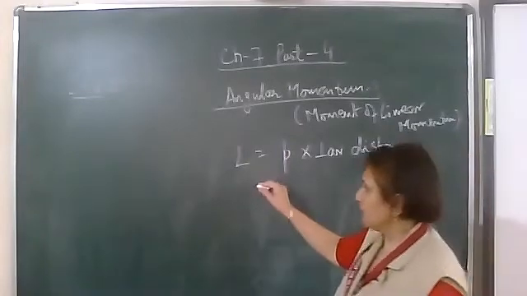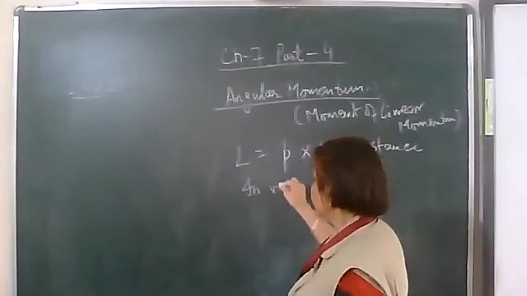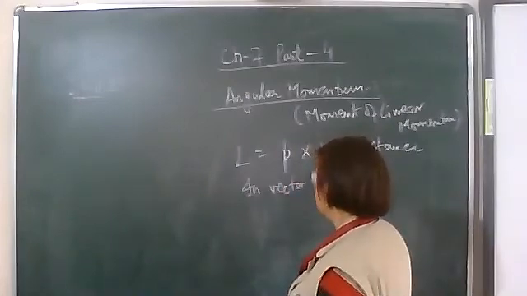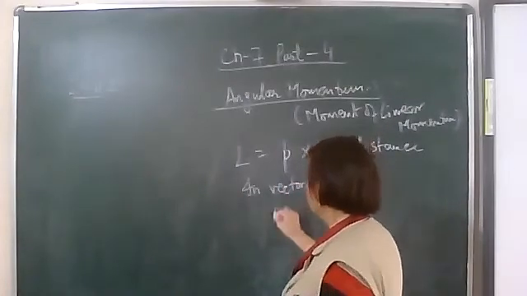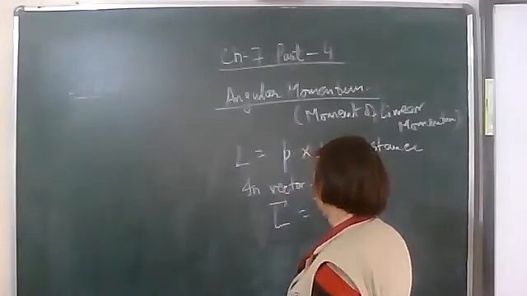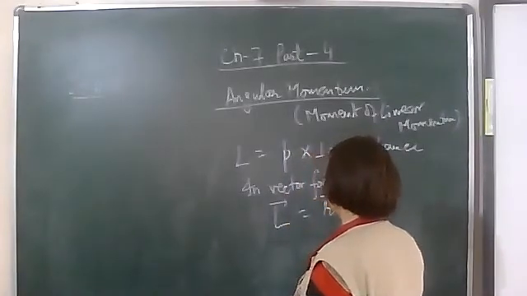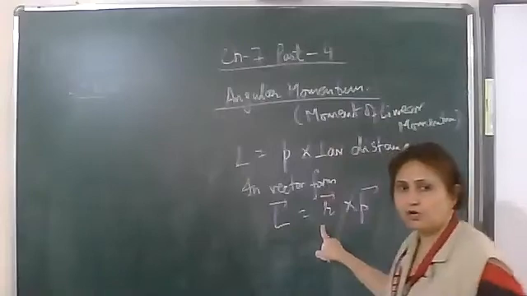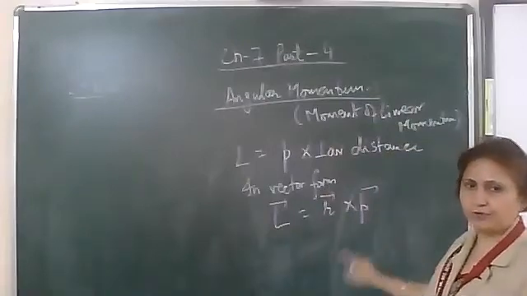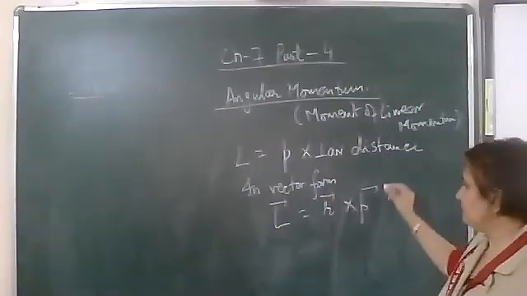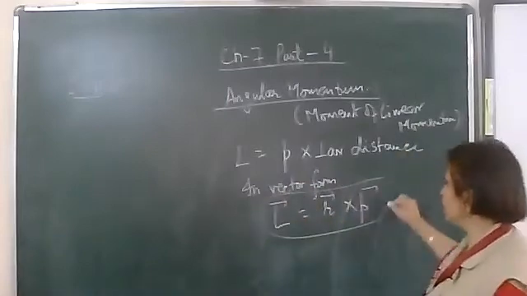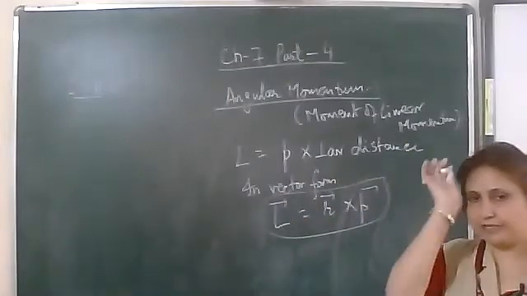Now L is a vector quantity. So in vector form it is written as L vector is equal to R cross P vector. It is the cross product, the vector product of R and P vector.